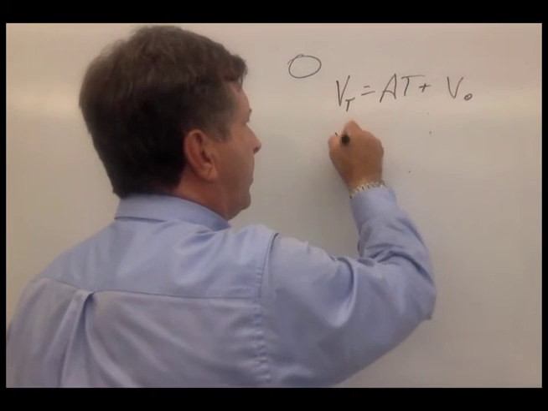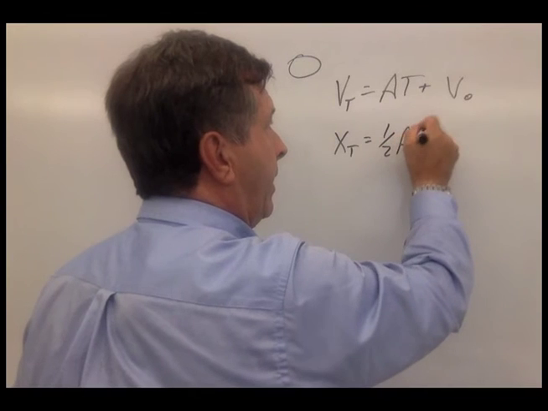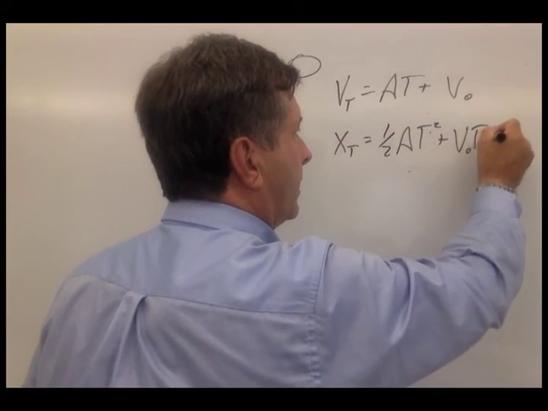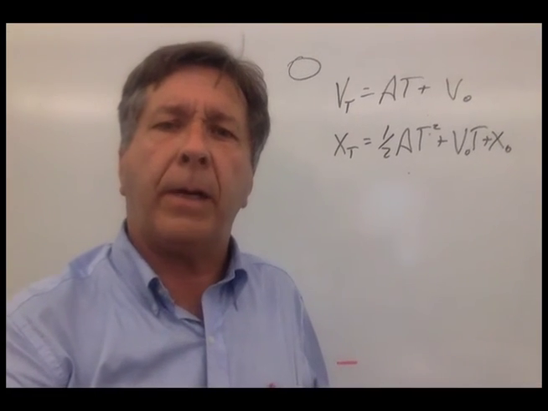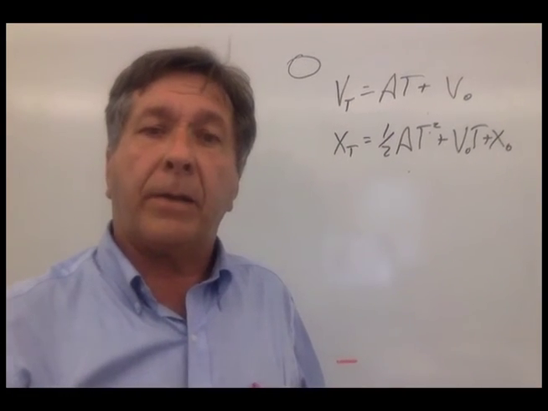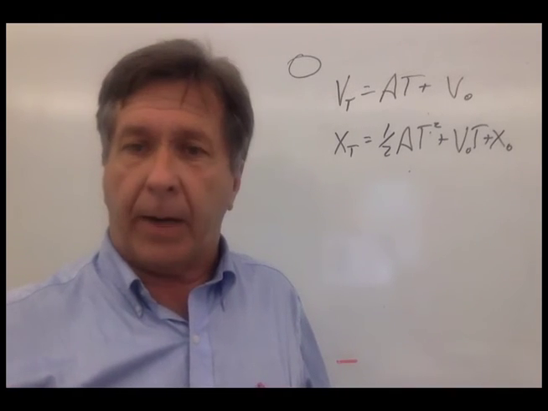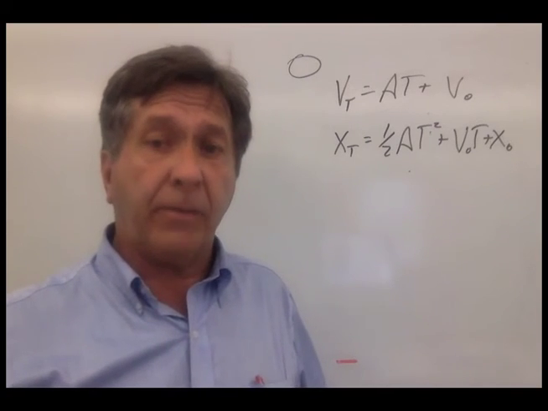And position at time t equals 1/2 a t squared plus v naught t plus x naught. They have no mass in the equation. They are simply functions of what that gravitational acceleration is, 9.8, and time. Mass is irrelevant in these problems.